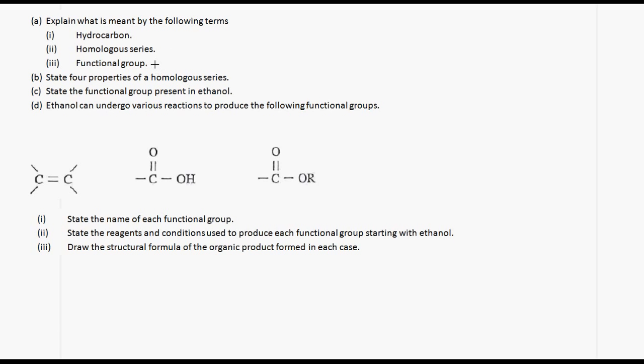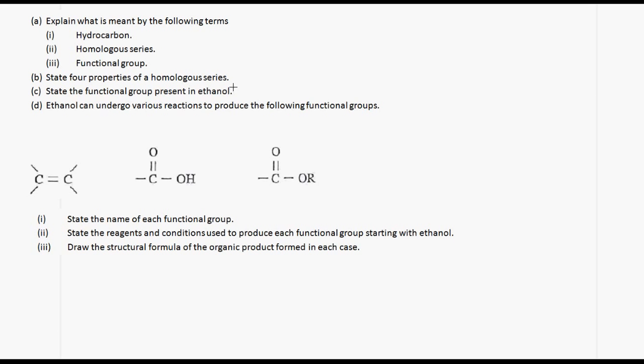A functional group is an atom or group of atoms that determines the chemical properties of a homologous series or the chemical properties of a compound. State 4 properties of a homologous series, and the first property is that they have the same general formula.